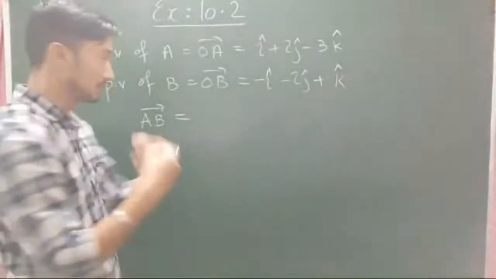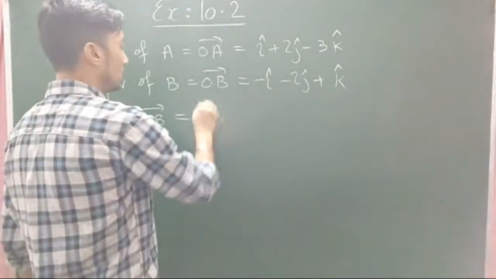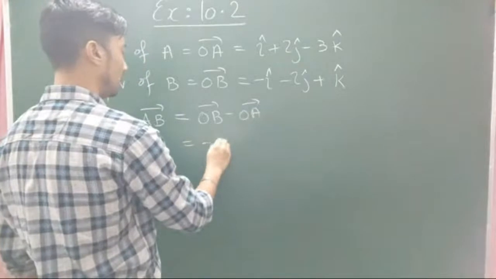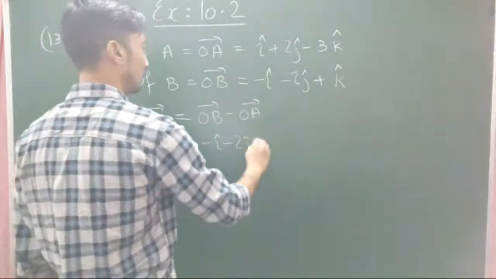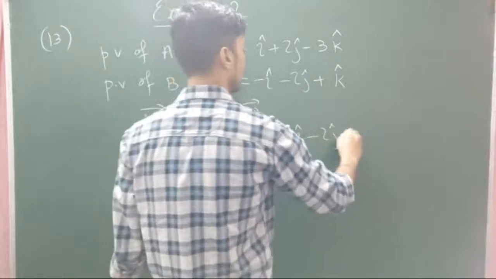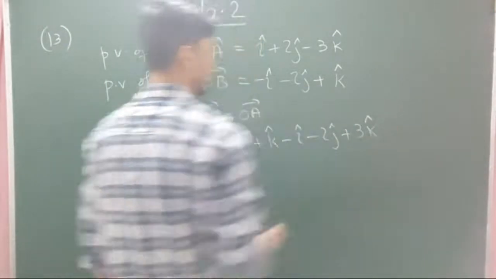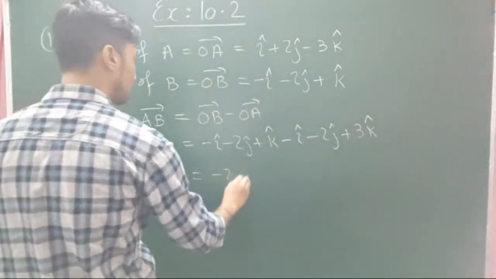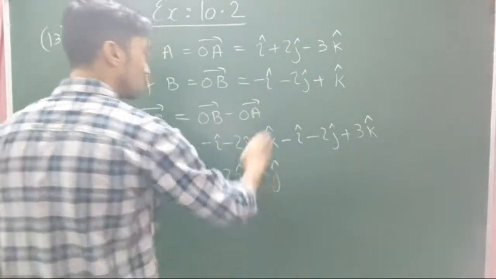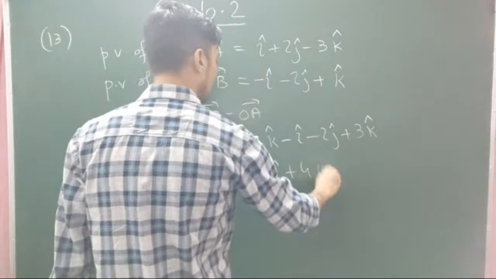So that will be OB vector minus OA vector. That would be minus i minus 2j plus k minus i minus 2j plus 3k. So that will be minus 2i minus 4j plus 4k.